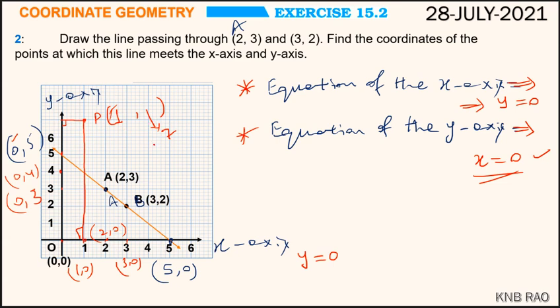So, these are few important bits. Then here 0 comma 5 is the point of intersection of the line and the y axis, 5 comma 0 is the point of intersection of the line with the x axis.